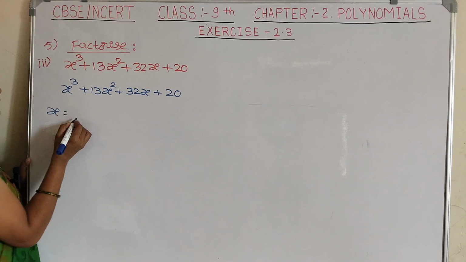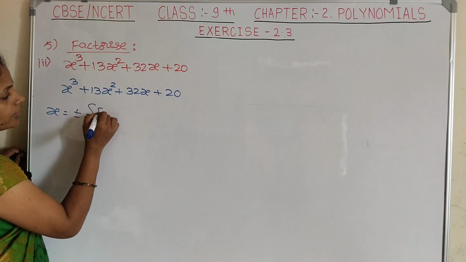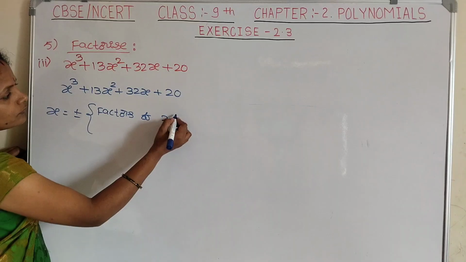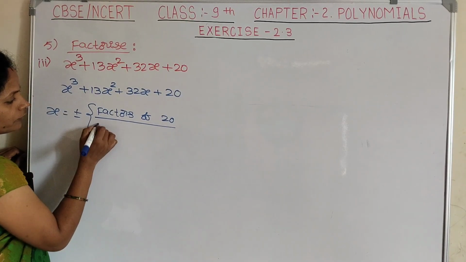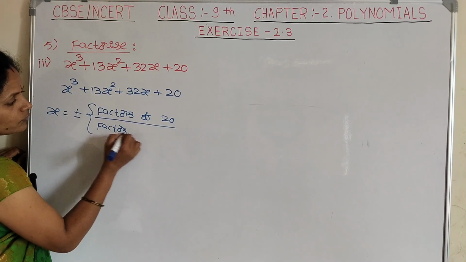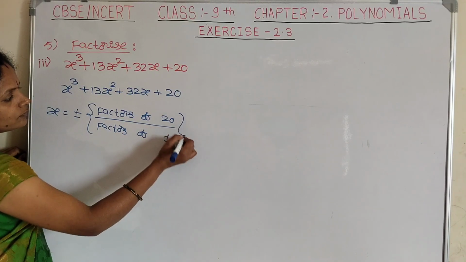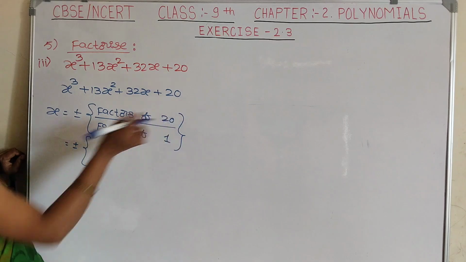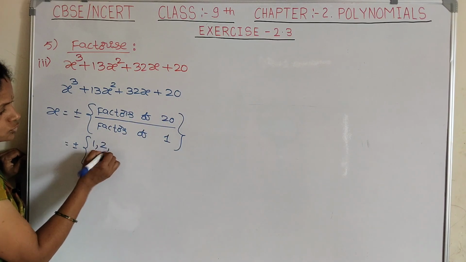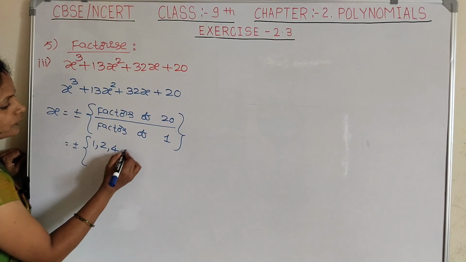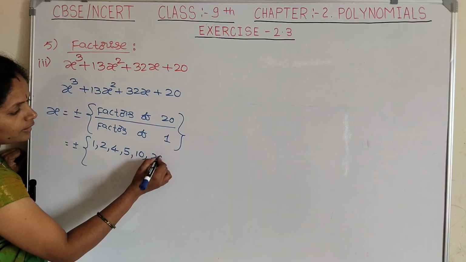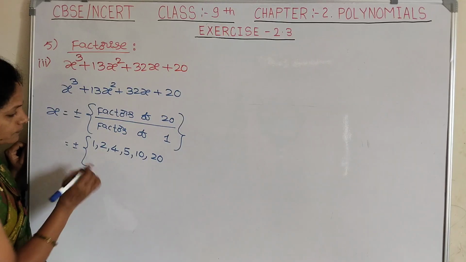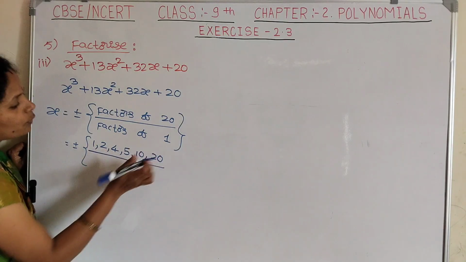You can get x is equal to plus or minus factors of 20 by factors of 1. Plus or minus, factors of 20 are 1, 2, 4, 5, 10 and 20. Are any others left? These are the factors of 20 divided by 1.